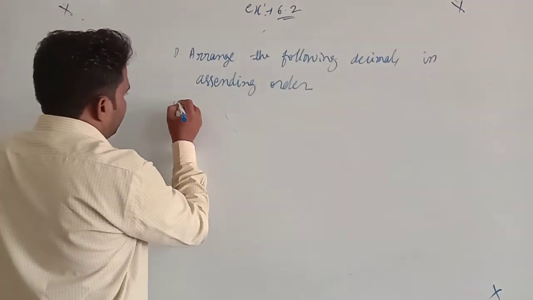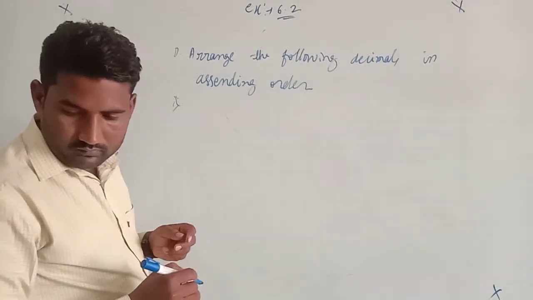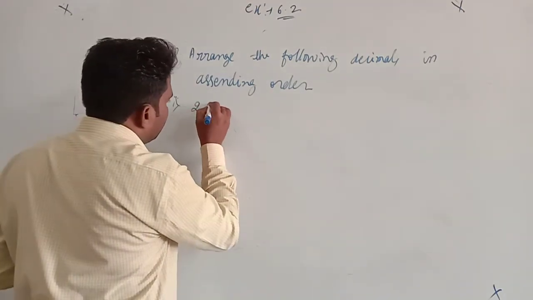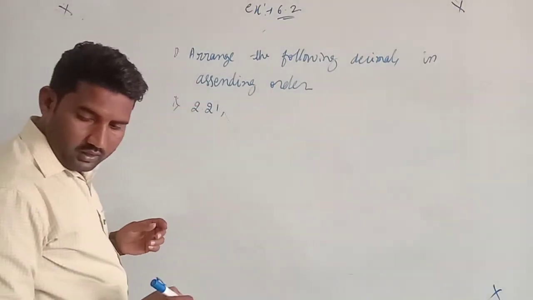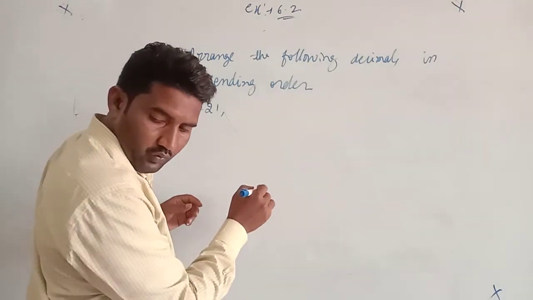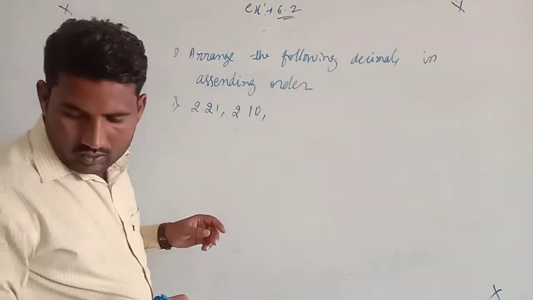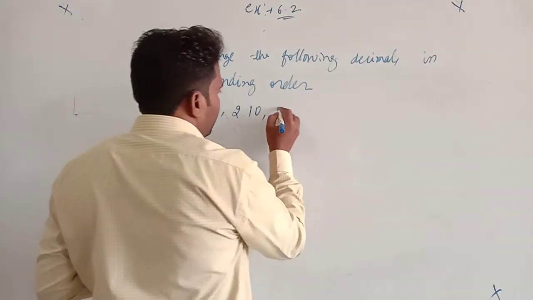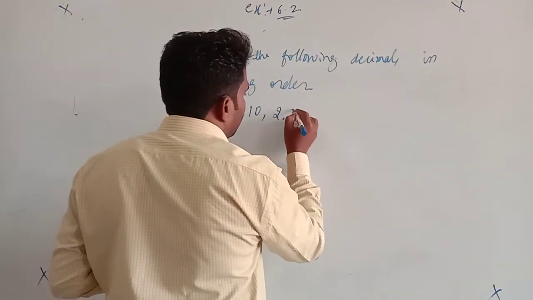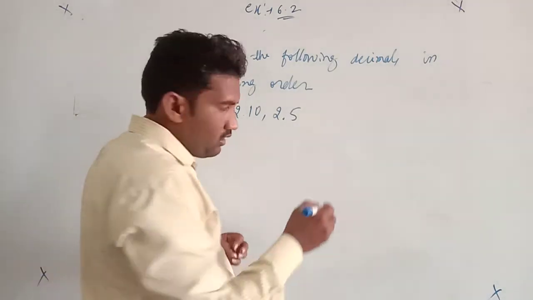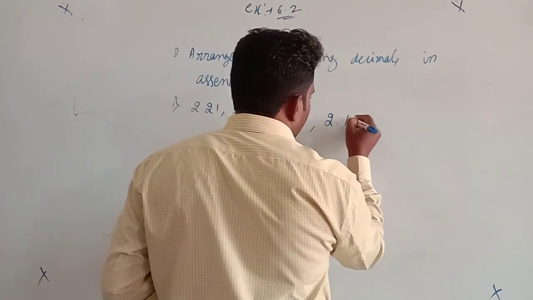The first one is 2.21. The second number is 2.10, then 2.5, next 2.13.